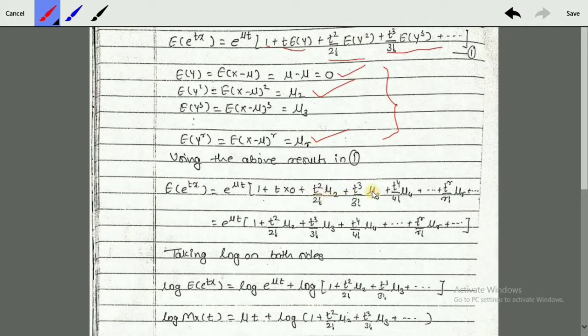In the same order we will put the expectation value of Y raised to r. So we will get expectation of e raised to tX equal to e raised to mu t into bracket 1 plus t square by 2 factorial mu 2, because the first term vanishes, and t cube by 3 factorial into mu 3, and so on.